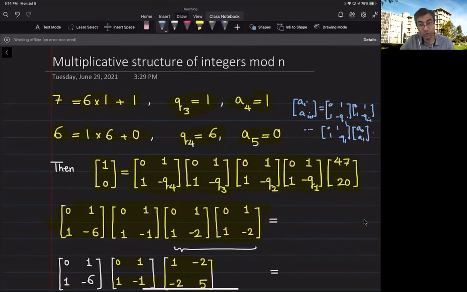The q sub i's are the quotients that appear in this Euclid's algorithm.